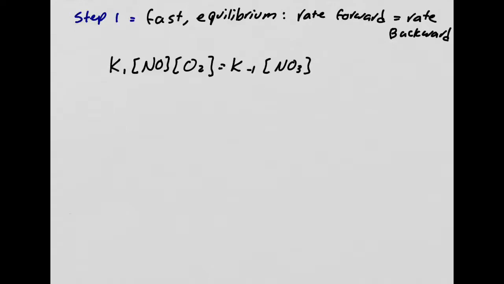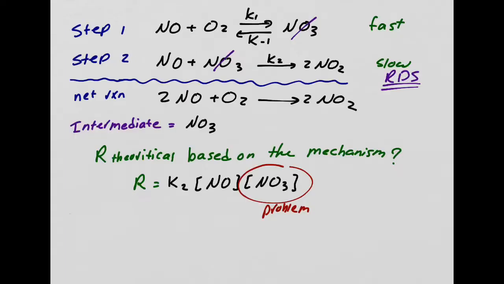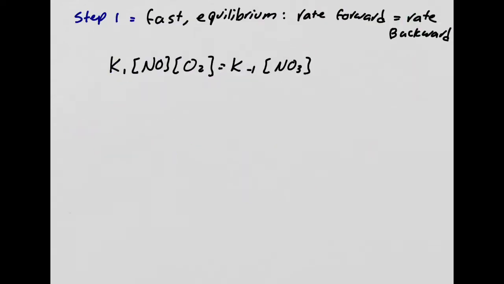I'm going to explain this to make sure you're not lost. I just wrote a rate law for this elementary step. The forward reaction would be concentration of NO times concentration of O2. Now, the backward reaction would have the reactant, so it would be the concentration of NO3. So I did that over here.